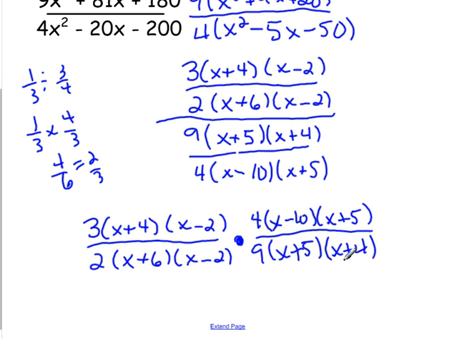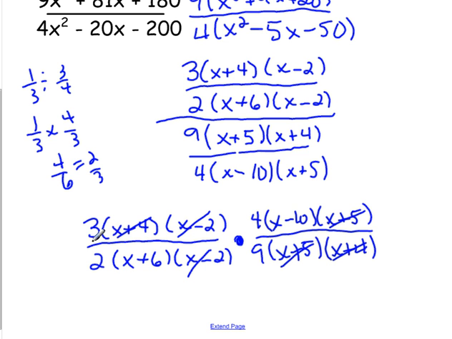Okay, so now it's just like the problem before. We've got a bunch of stuff on top, a bunch of stuff on bottom. We can start canceling things out. We've got an x minus 2 on top and bottom. We have an x plus 5 on top and bottom. We have an x plus 4 on top and bottom. So all we're left with is x minus 10 and x plus 6. And actually, we can start reducing some of these things.